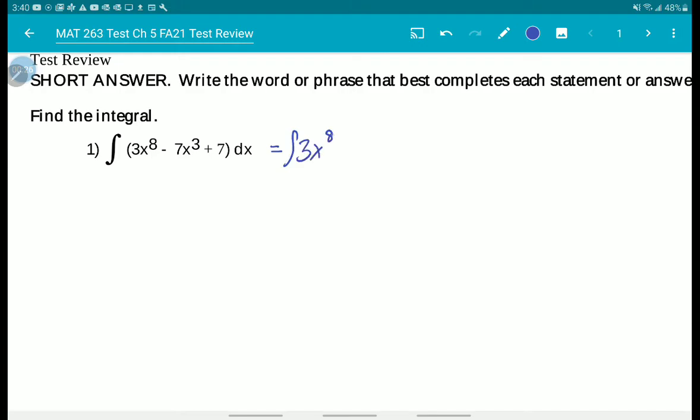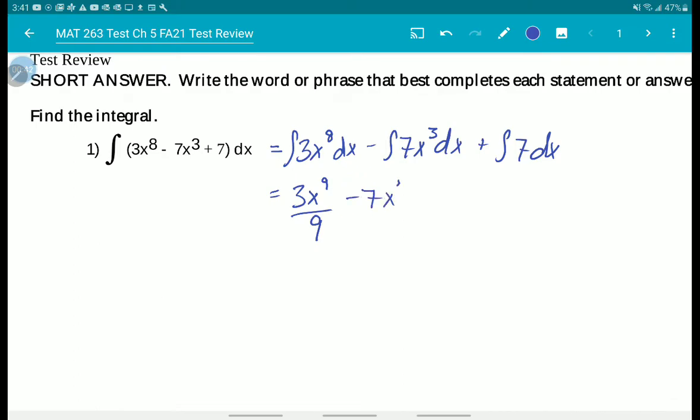So we can think about it this way. And then when we integrate, we're going to add 1 to the exponent, divide by the new exponent. Same here, add 1 to the exponent, divide by the new. And then here, this is understood, remember, to be a 7x to the 0.